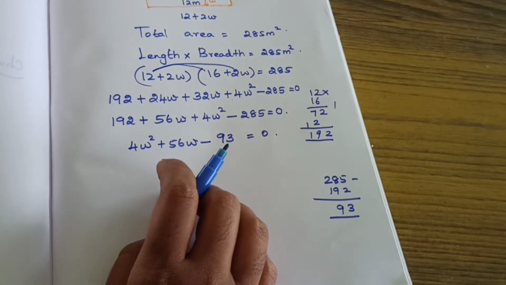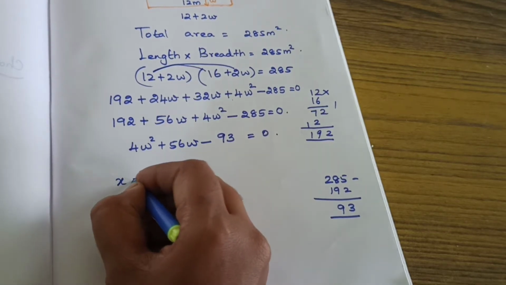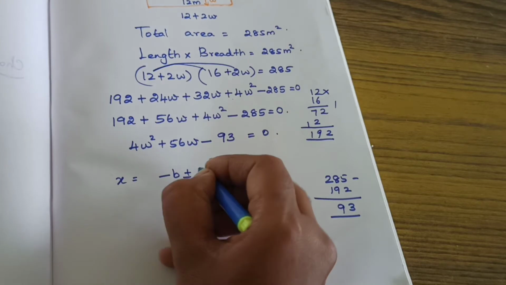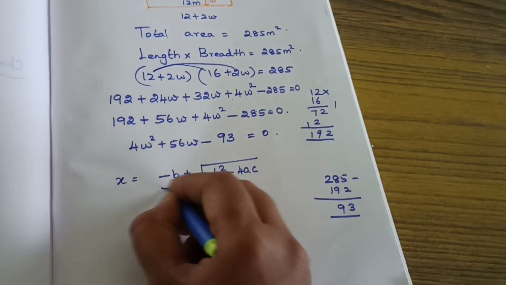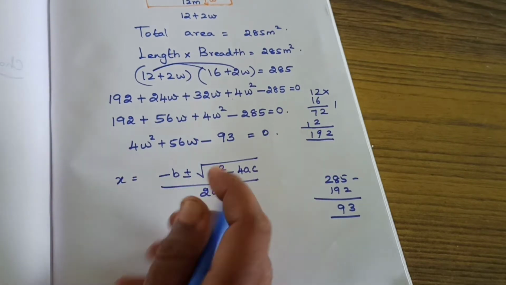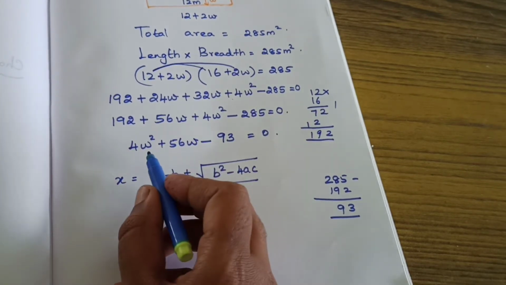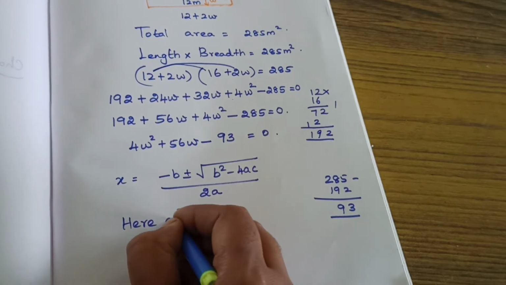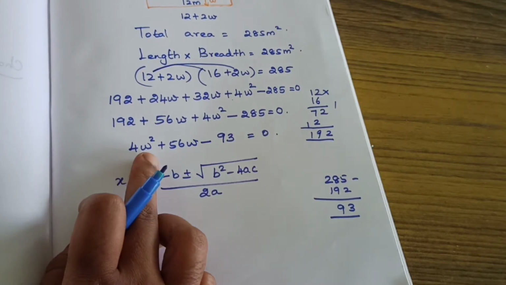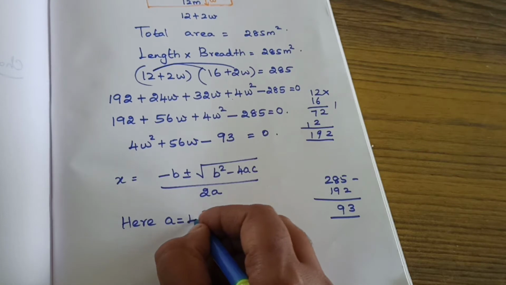Have you remembered the formula for the quadratic equation? What is the quadratic formula? Just remind: x is equal to minus b plus or minus square root of b square minus 4ac, divided by 2a. So here we need to find the a, b and c values first. Here a means the coefficient of w square, so 4.